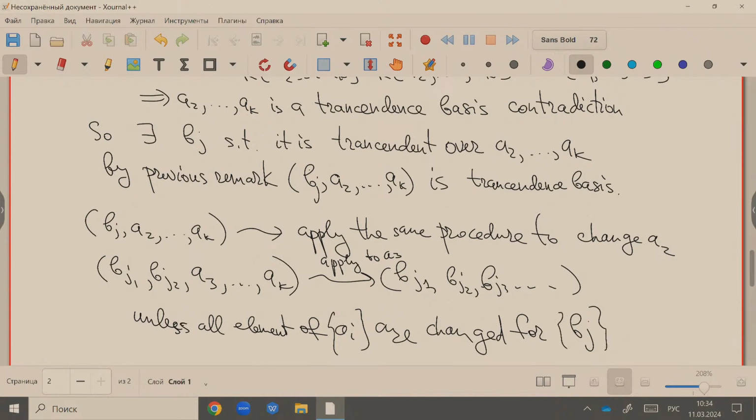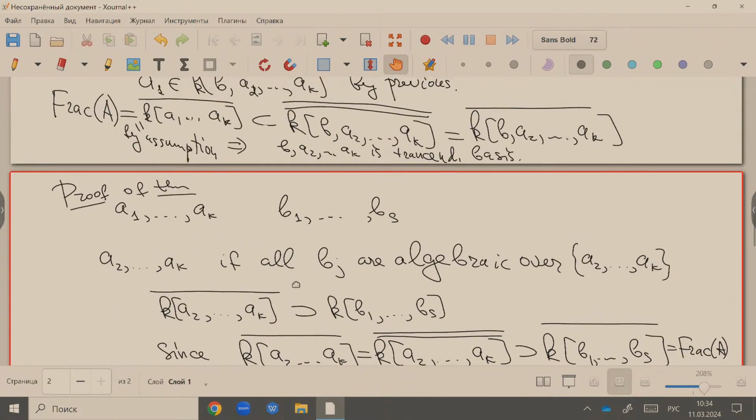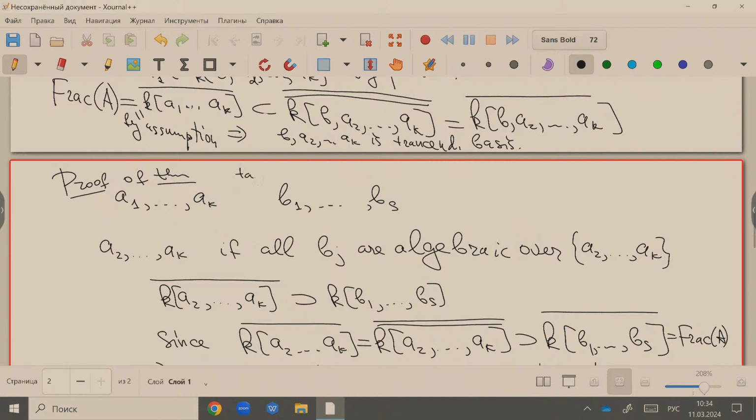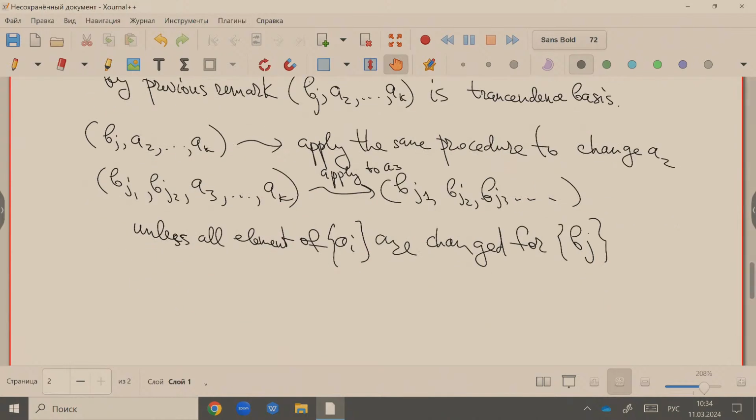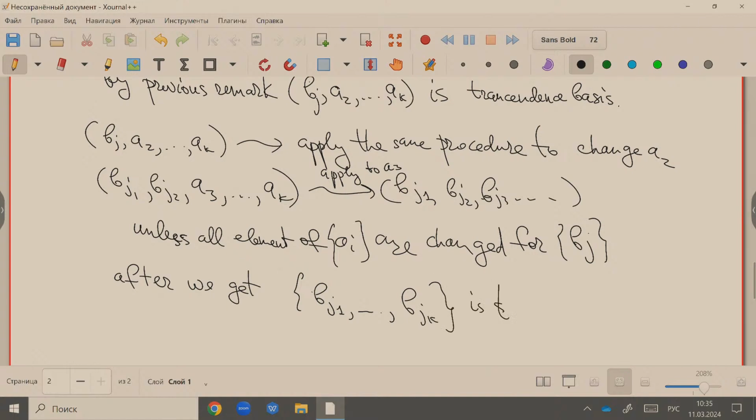And notice that in the beginning we should take K less than or equal to S. Then in the end of the day we will get that Bj1, etc., Bjk is a transcendence basis.